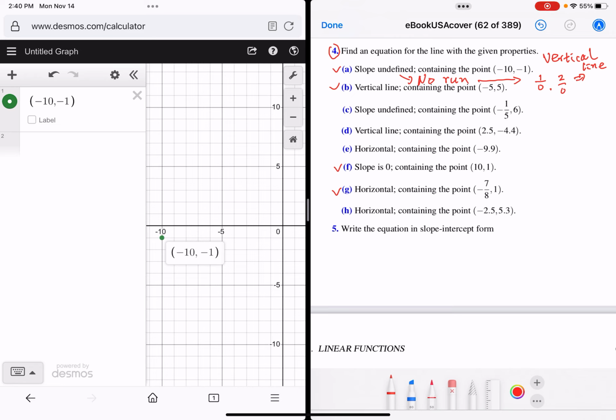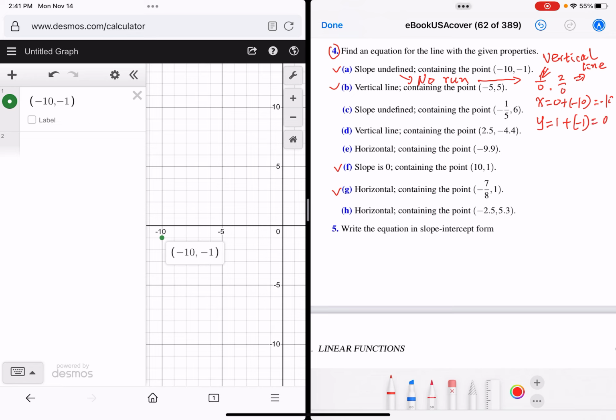You may do, as I previously said, find a second point: 0 plus -10 is still -10. For y, 1 plus -1 gives 0.